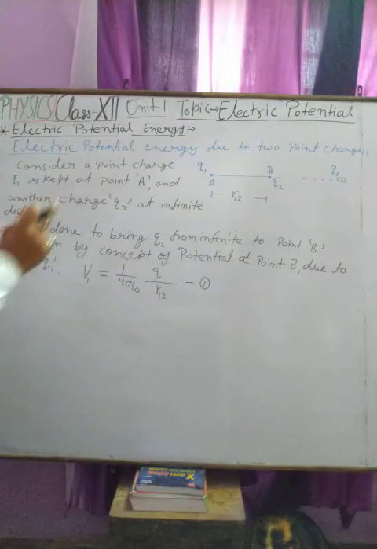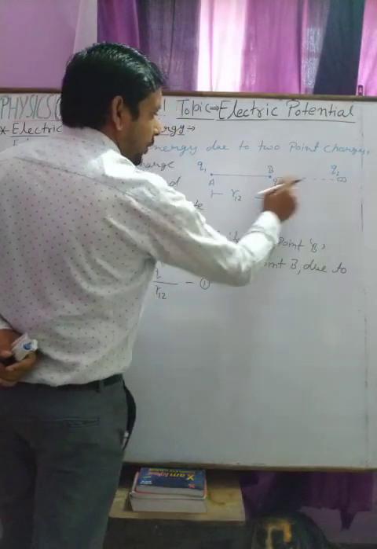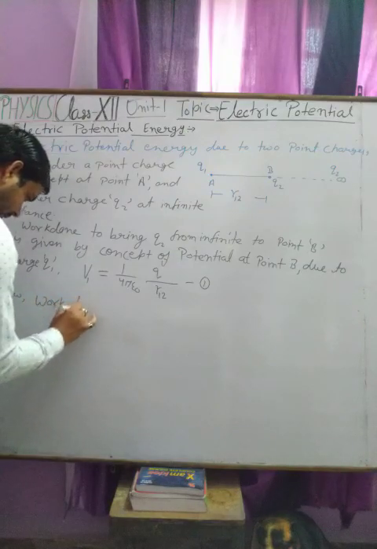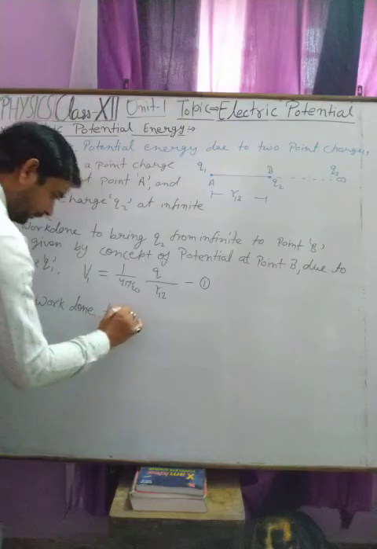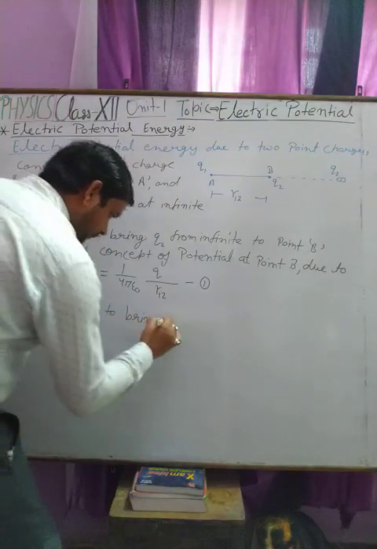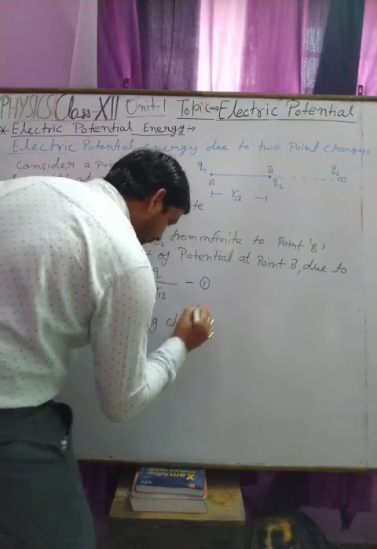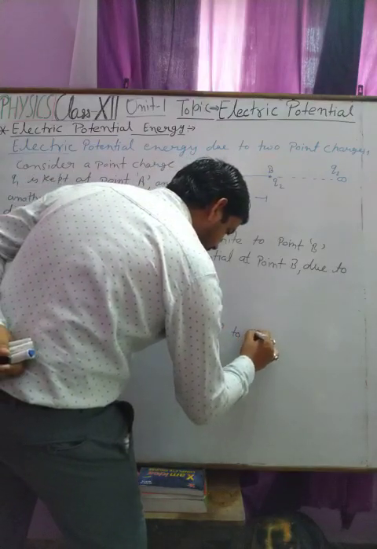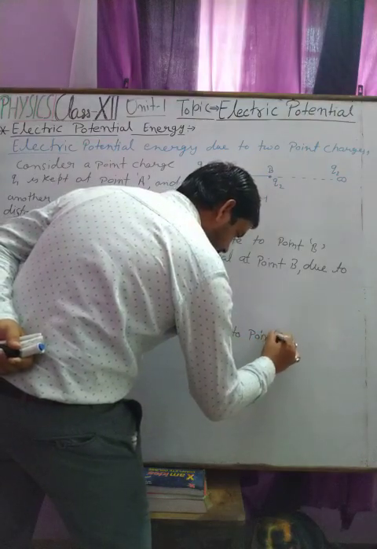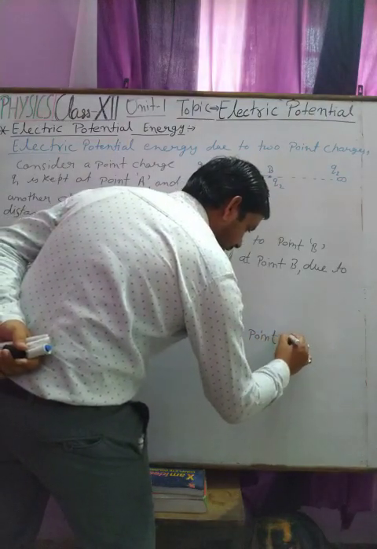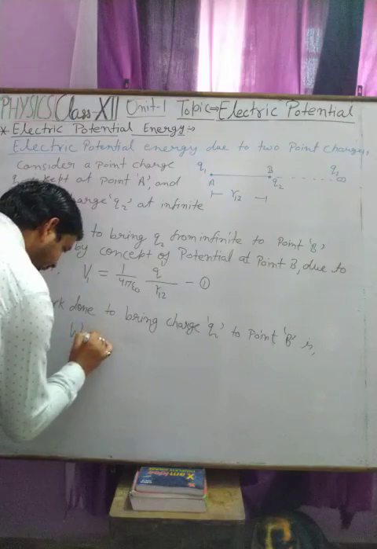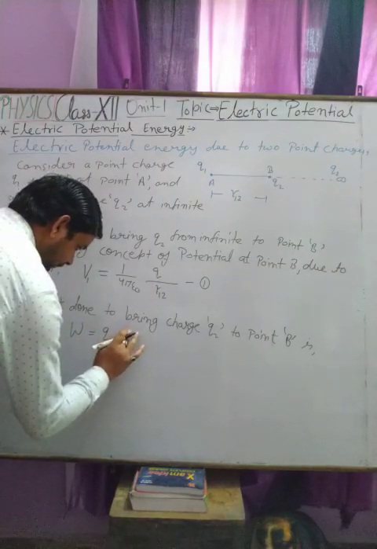Now student, the work done to bring the charge q2 to point B from infinity is given by q2 V1.